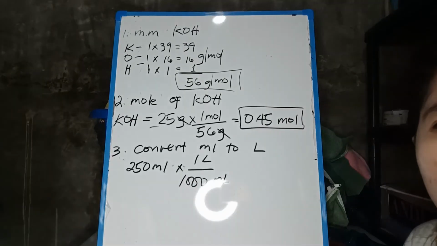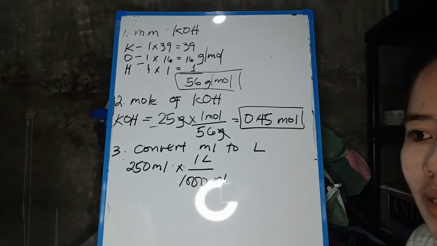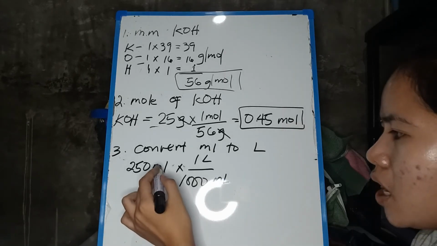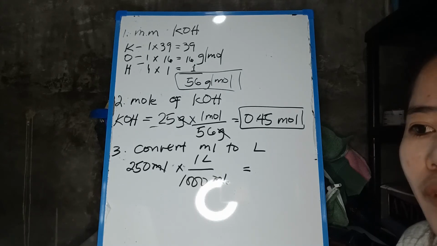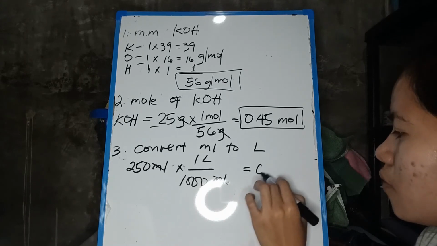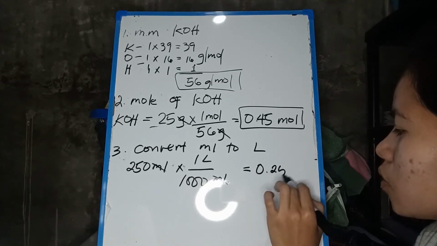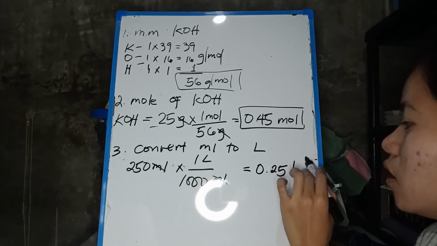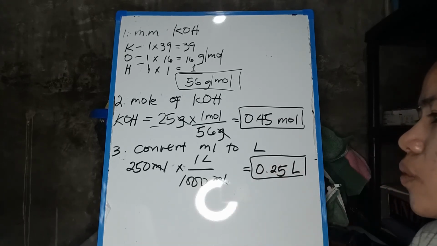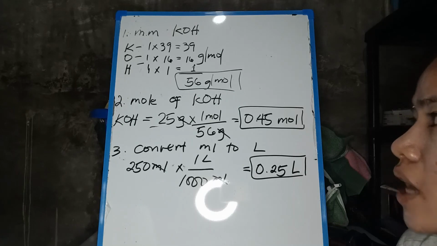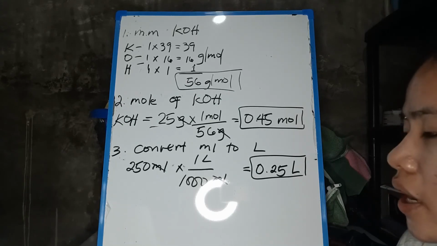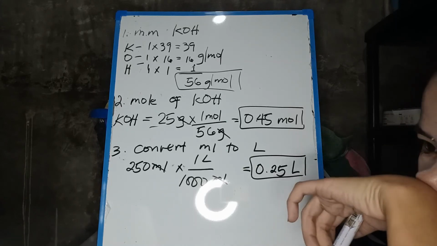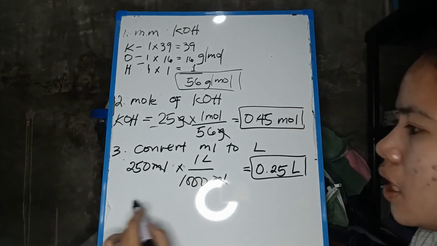So, we can now cancel out ml para ang mabilin kay liter. So, 250 divided by 1,000 is we have 0.25 liter. So, na-convert na nato ang mass and also naa na tayo volume for molarity.